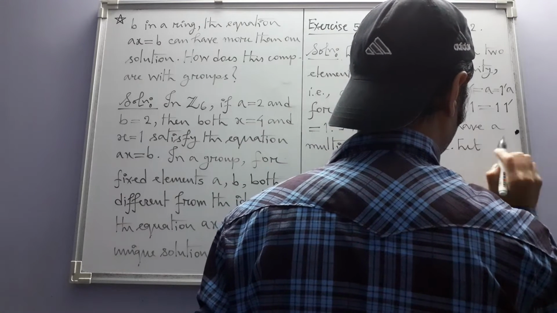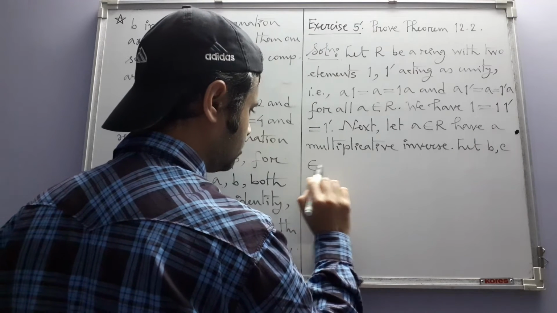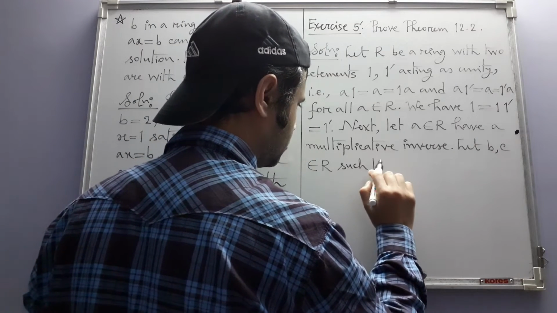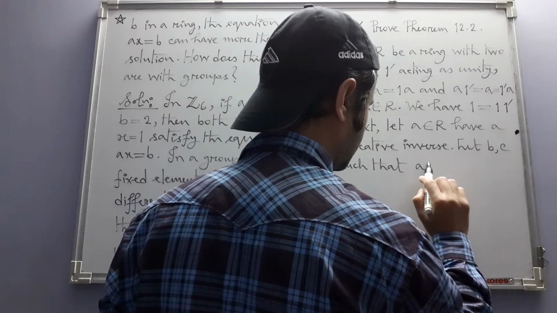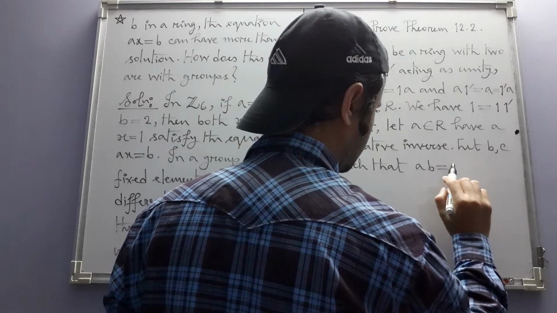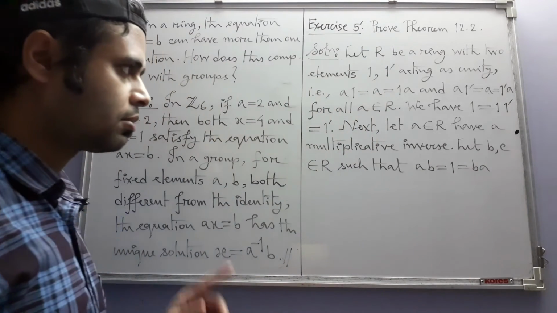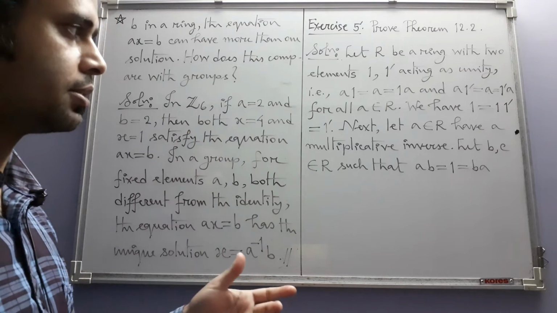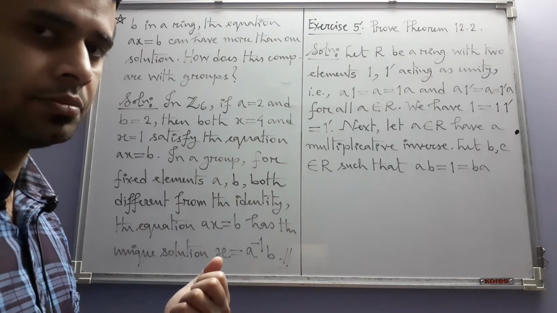Let B and C be in R such that AB equal to 1, which is equal to BA. Note that multiplicative inverses can only exist when the ring has a unity.